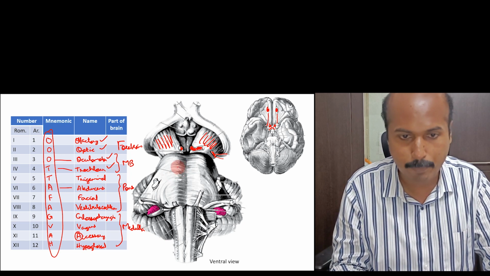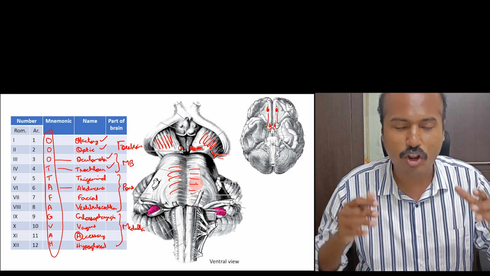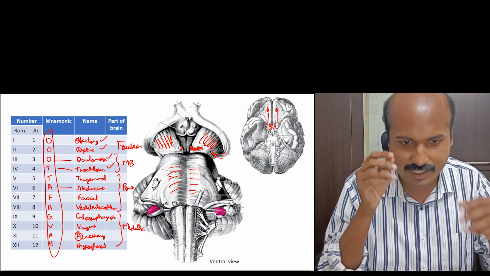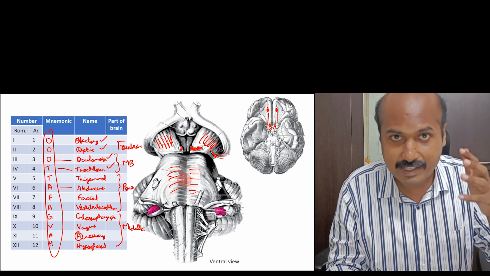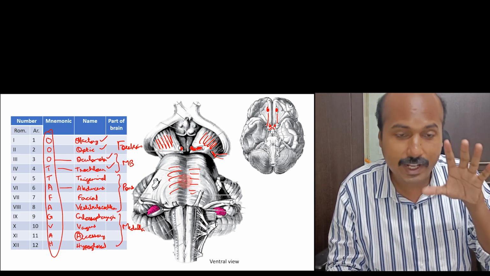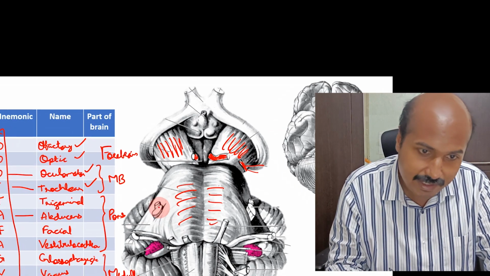Next, we are going to the pons. This is the pons. As we know, it is a large structure and often the most common structure asked in brainstem anatomy exams, especially in spotting exams. Around the pons, you have 5, 6, 7, and 8, the next 4 nerves, and you have to know where these are located. The fifth cranial nerve is located on the lateral aspect of the pons.